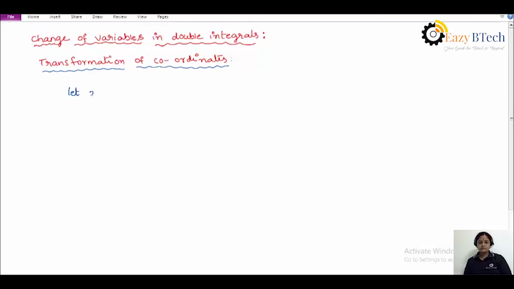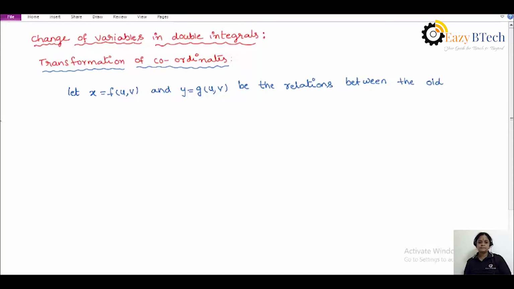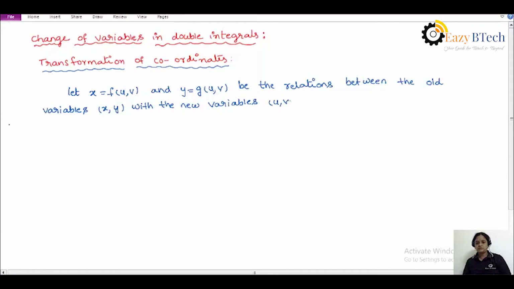So let x is equal to f of u comma v and y is equal to g of u comma v be the relations between the old variables x comma y and the new variables u comma v of the new coordinate system.